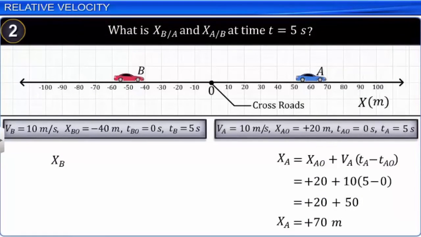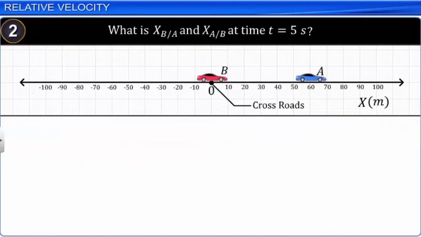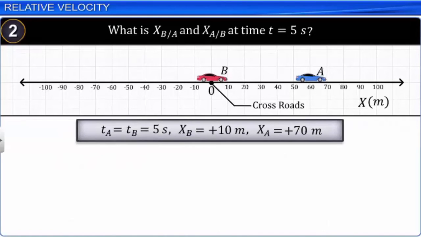On substituting and simplifying, we get XB equal to plus 10 meters. Now, calculating for XB by A, which is equal to XB minus XA. On substituting values and simplifying, we get XB by A equal to minus 60 meters.